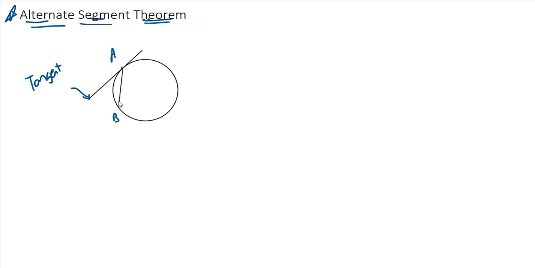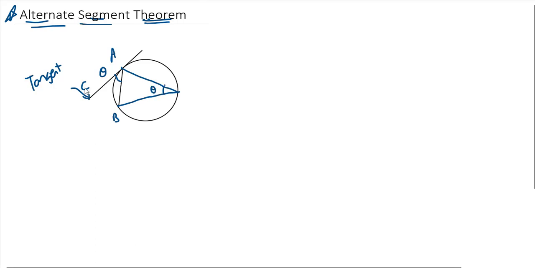If AB is the chord of the circle and AC is the tangent to the circle, then the angle subtended by the chord with the tangent, which is this angle theta, will be the same as the angle subtended by the chord in the opposite segment. So the angle subtended by the chord in the opposite segment will be, let's say, this angle. So this angle will also be theta.